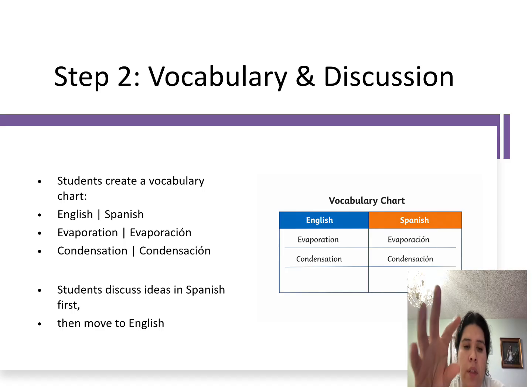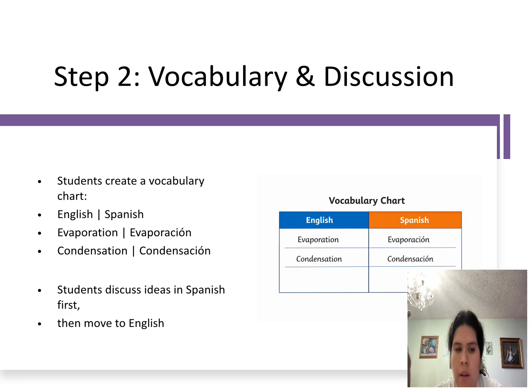So here you have English evaporation, and in Spanish evaporación. I want all of you to work in pairs. I'll give you 5 minutes to say these words and discuss the meaning behind these words in English. Okay, so I think everyone got the idea of it.